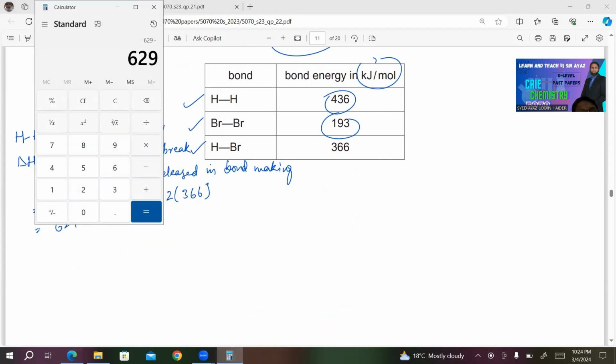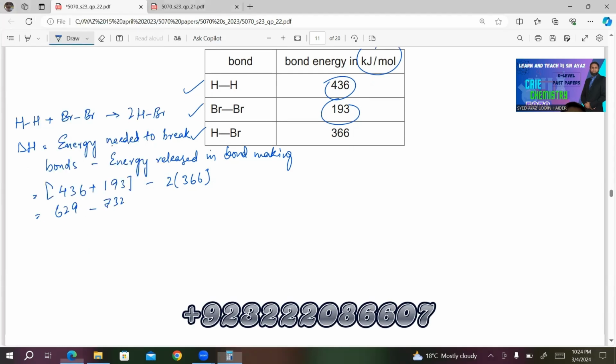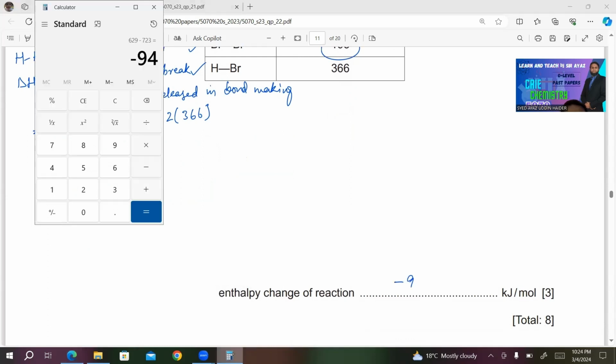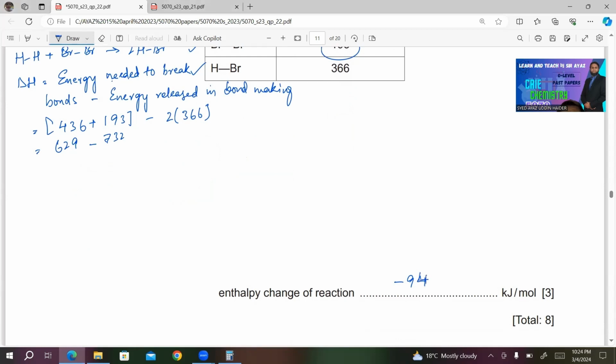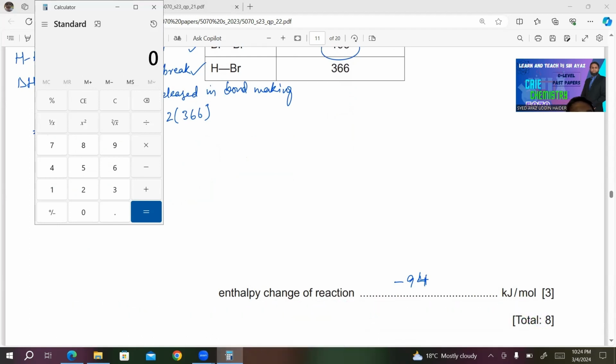So it must be minus 94 kilojoule per mole. 629 minus 732.